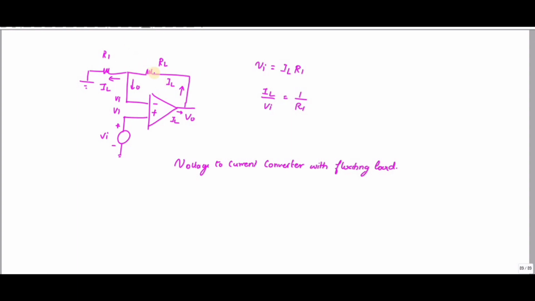Neither side of the RL is grounded. Here also it is not grounded, and here also it is not grounded. So it is called a floating load.